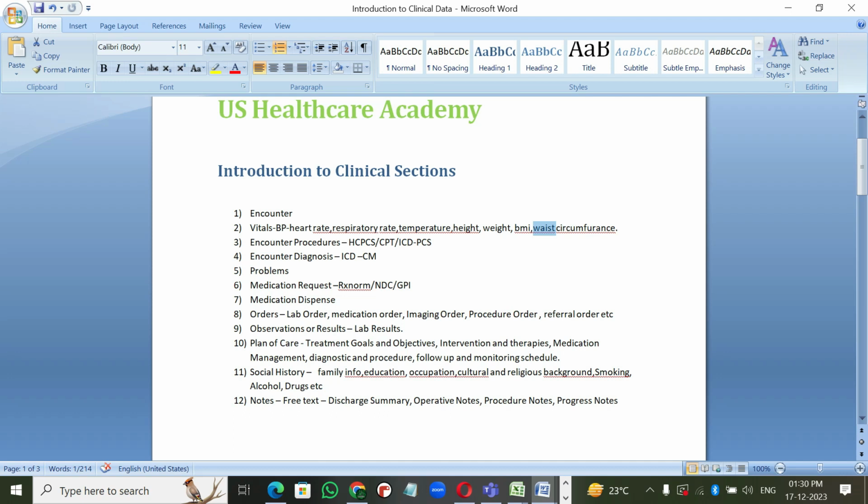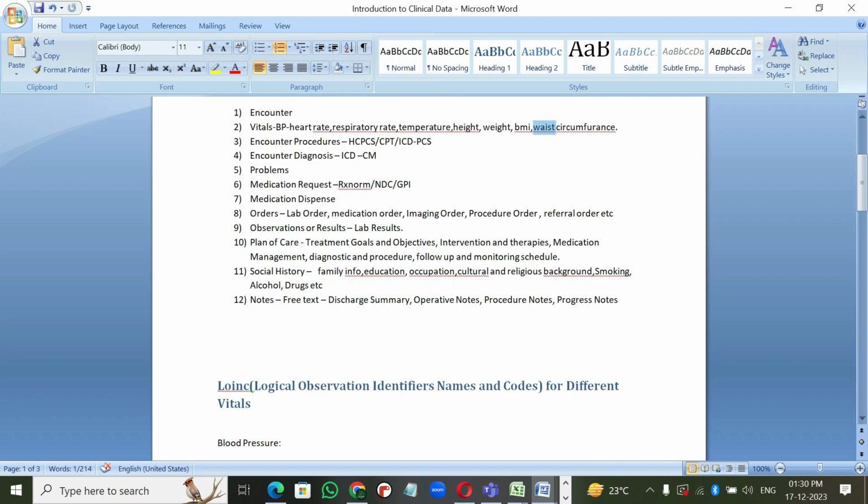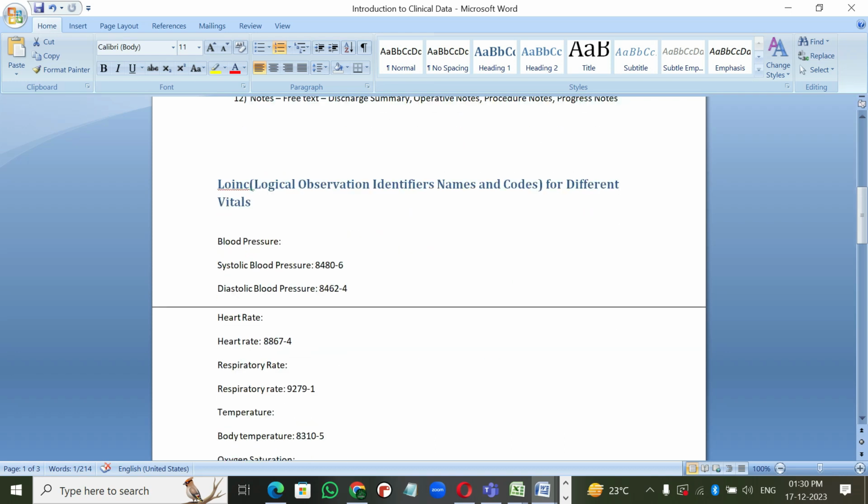Now, remember, guys, when suppose a doctor is recording somebody's blood pressure in the system, the data has to be standard, right? There are some coding standards that are used. So to record this vitals like BP, heart rate, systolic, diastolic blood pressure, these are the LOINC codes.